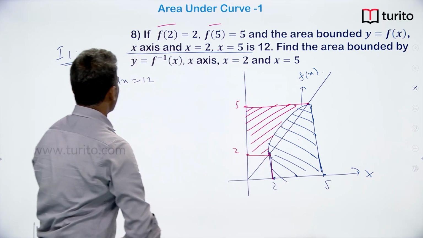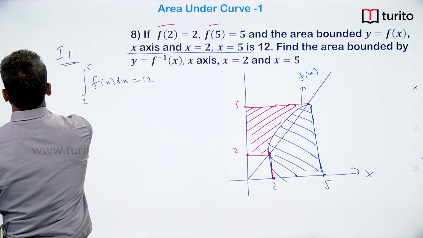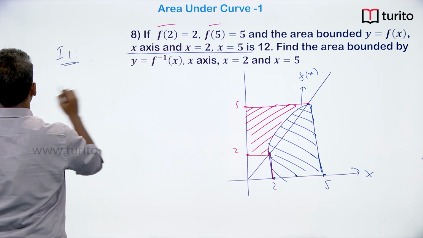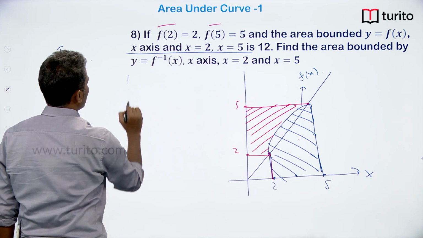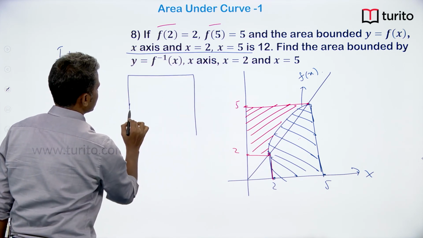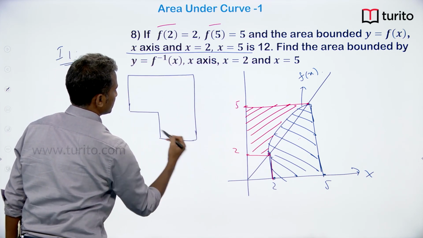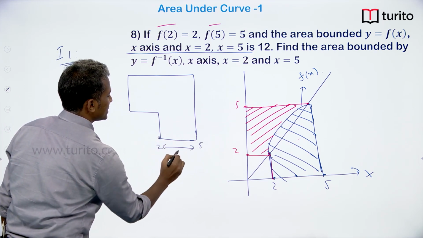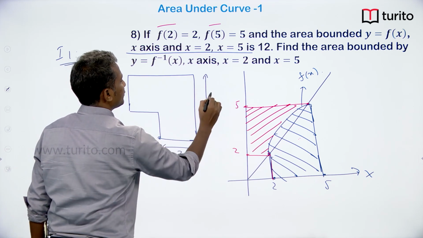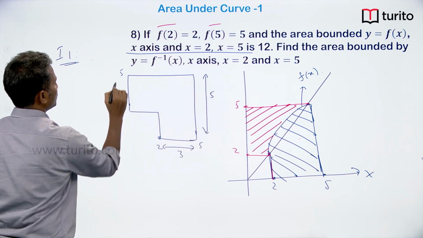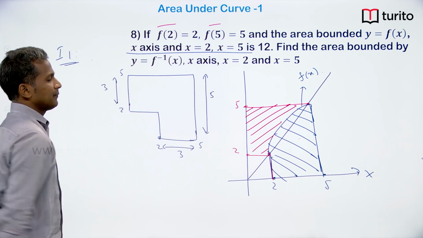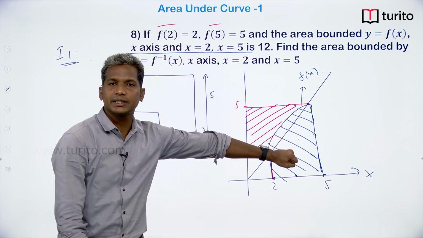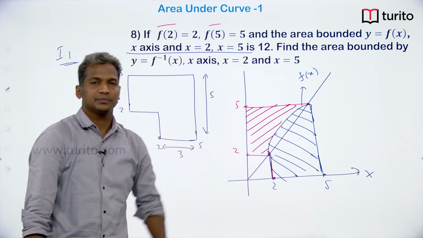If we look at this diagram, it looks like this. Okay. And this is 2, this is 5. So, this gap is 3 units, the height is 5 units, this is 5, this is 2, this gap is 3 units. Now, from this area, if I subtract this blue shaded region, I will get the red shaded region.